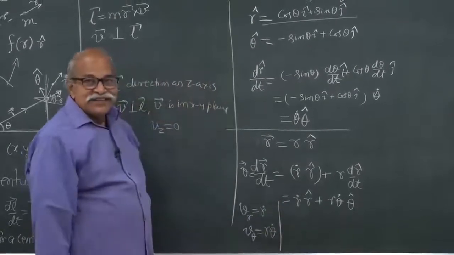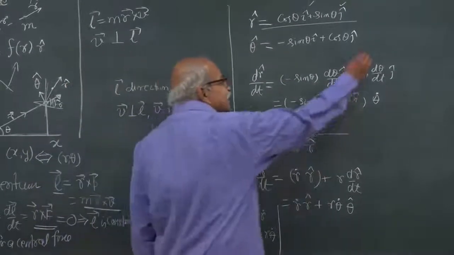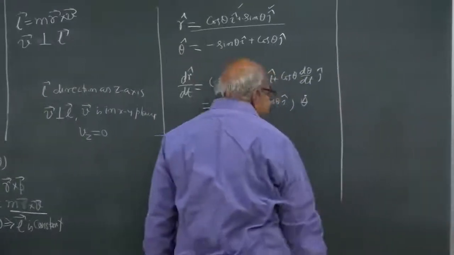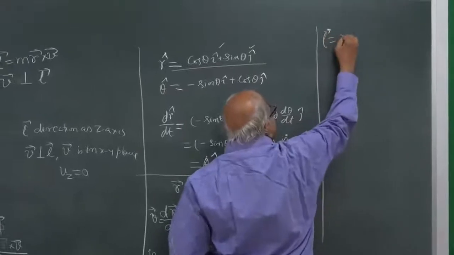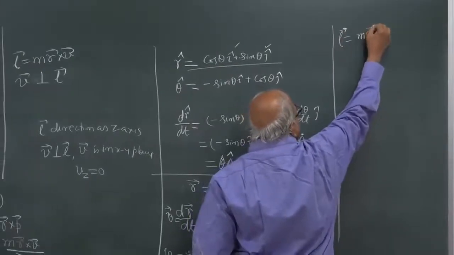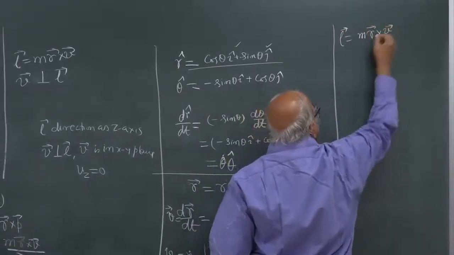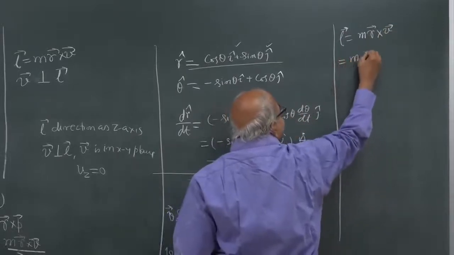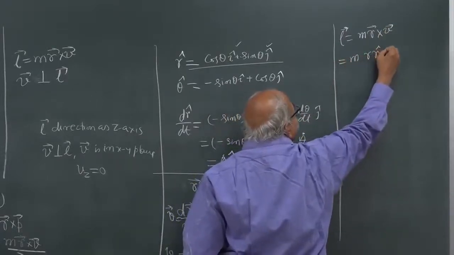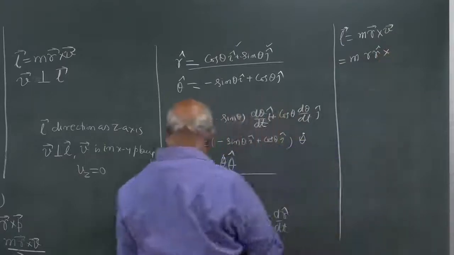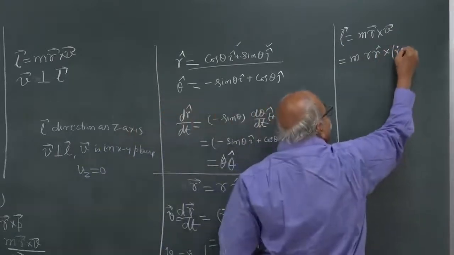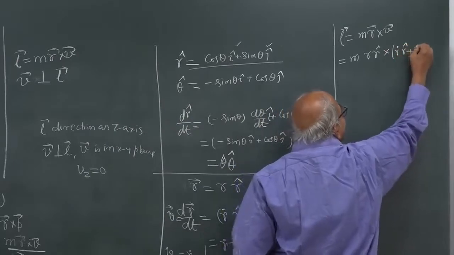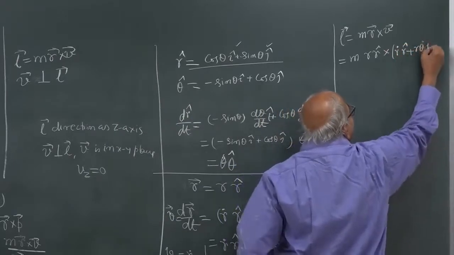You can write an expression for this L, which is m times r vector cross v vector, and r vector is r r cap, and v vector is here, r dot r cap plus r theta dot theta cap.